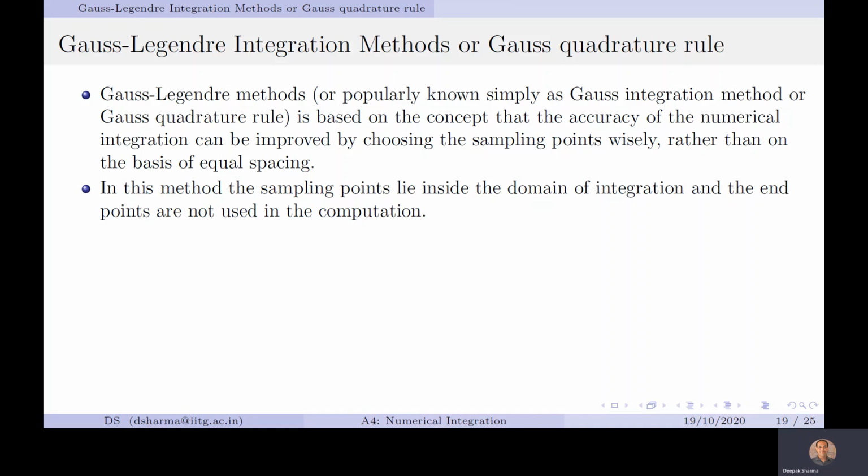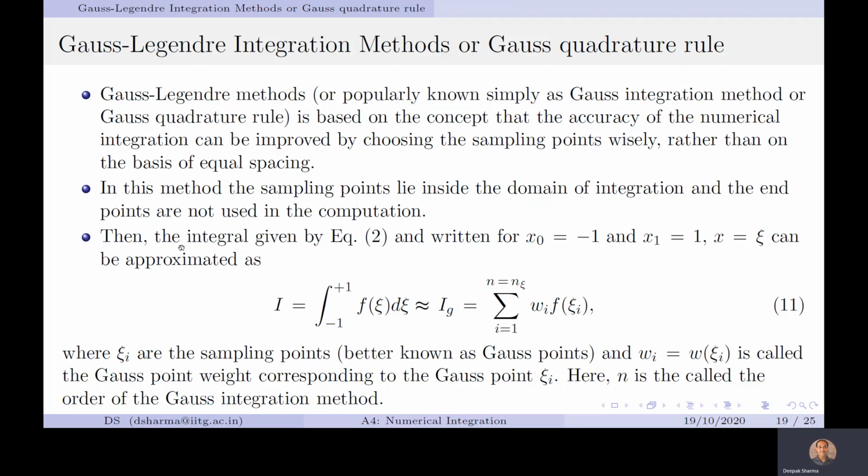As we have understood from the previous methods, which come under Newton-Cotes methods, we divide from x0 to x1 into equal spaces. But in this case, we will be using some sampling points and weights that will help us find the integration. In this method, the sampling points lie inside the domain of integration and the endpoints are not used in computation.